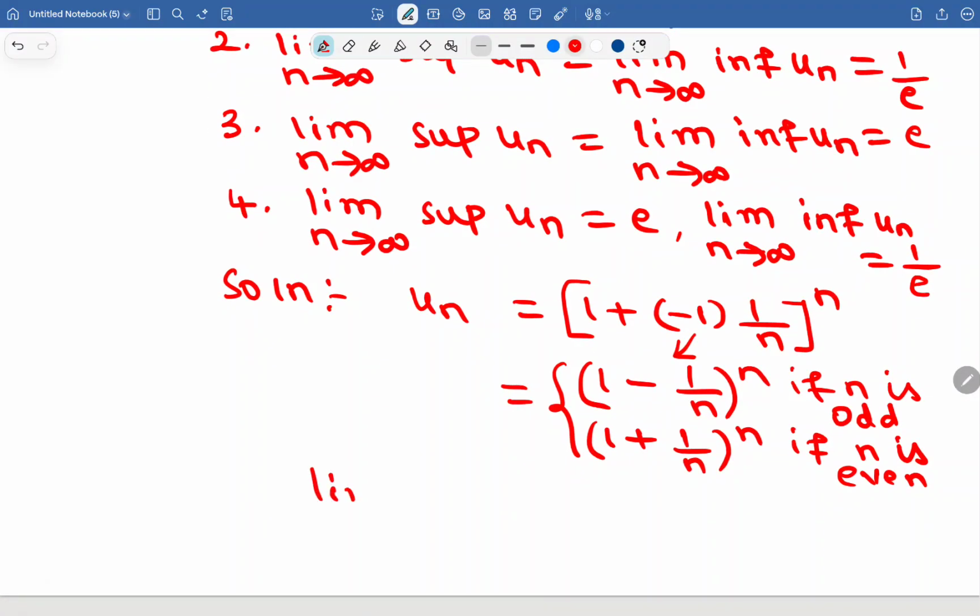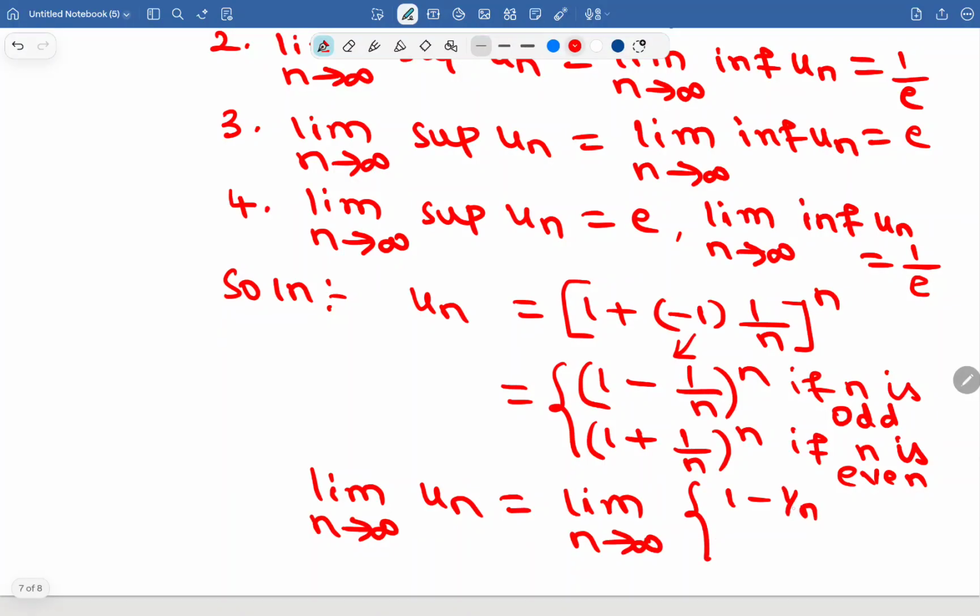Now I am going to apply limit n tends to infinity of u_n, limit n tends to infinity of 1 minus 1 by n power n and 1 plus 1 by n power n.